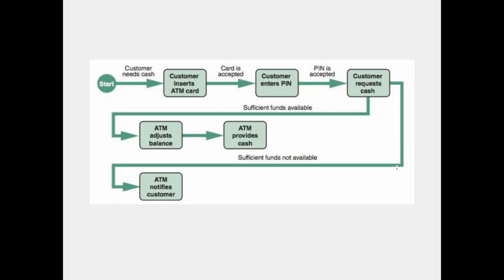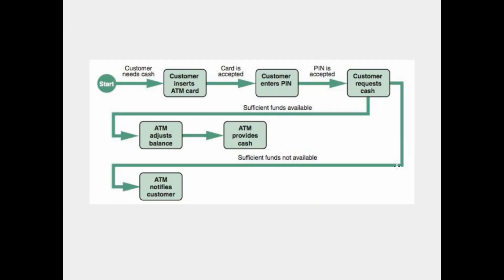This particular activity starts with, you need to get the cash. So you have a customer who inserts the ATM card. And then when the card is accepted, then you have to provide the PIN. And once your PIN is accepted, then you can request cash.